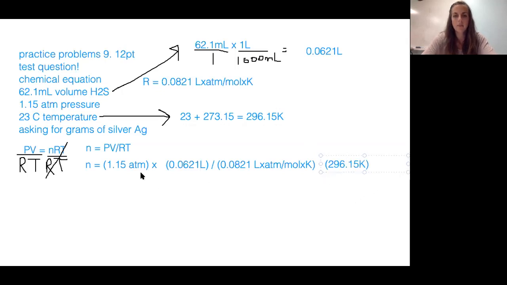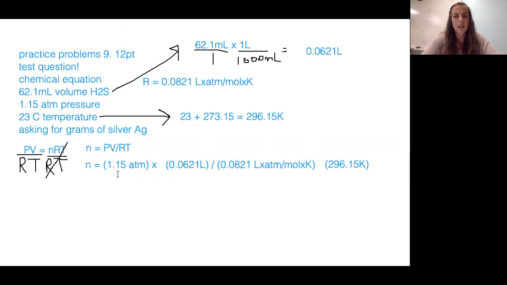All right. So this is going to give me number of moles. So I know this looks kind of jumbled up, but in your calculator, 0.0621 divided by 0.0821 times 296.15. Okay.